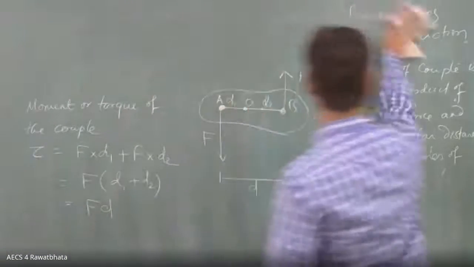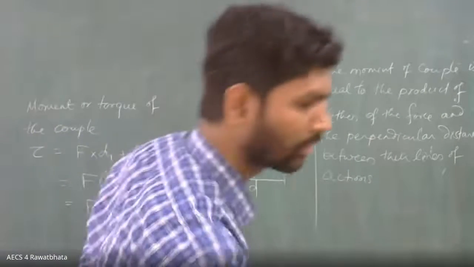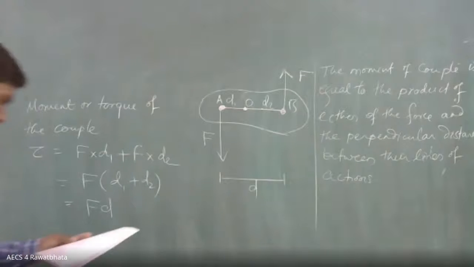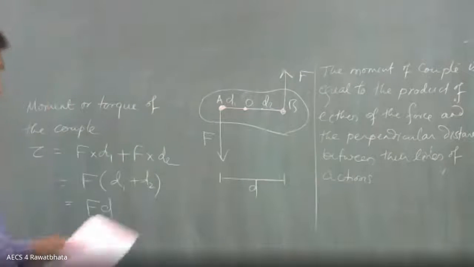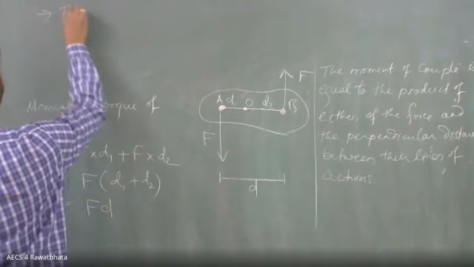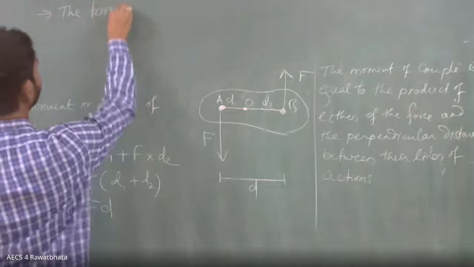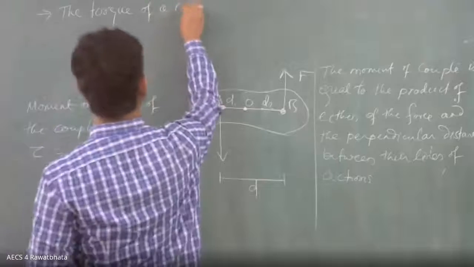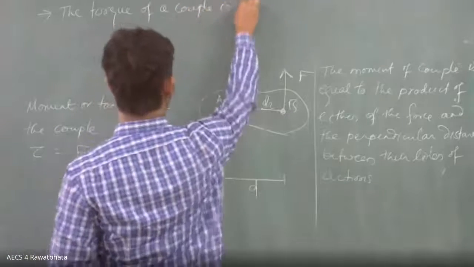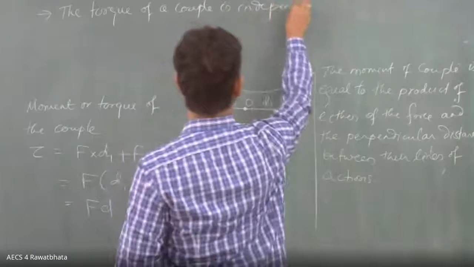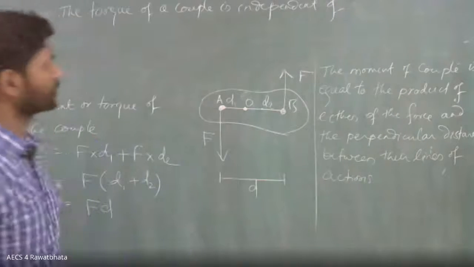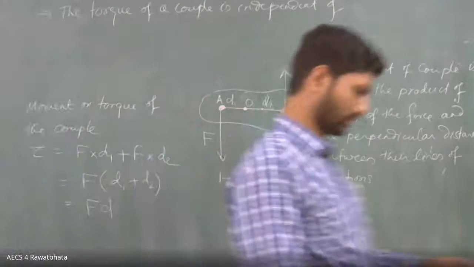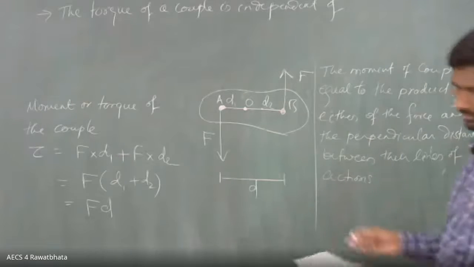So whatever the point of rotation is, the torque remains the same. So the next point is: the torque of a couple is independent of the choice of point of rotation.